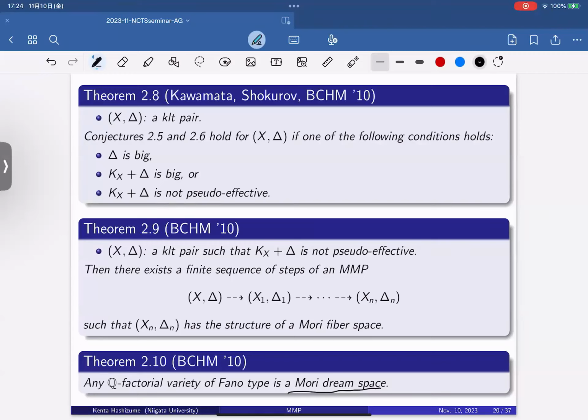In other words, we can discuss minimal model theory for all divisors. These are the important known results for the KLT case.